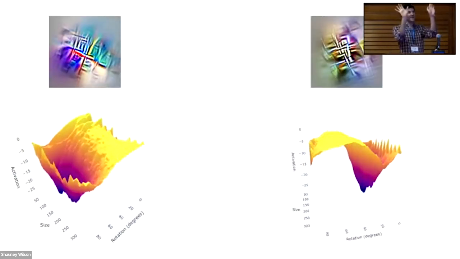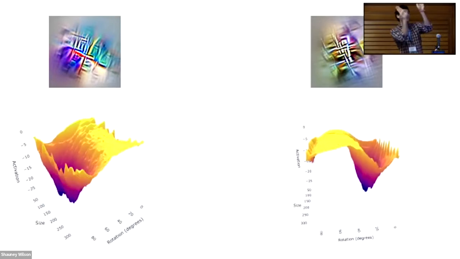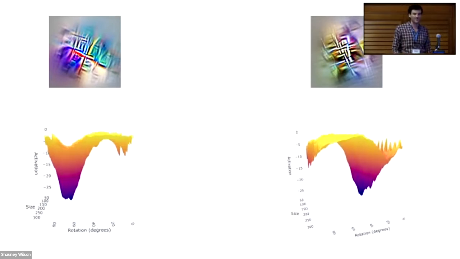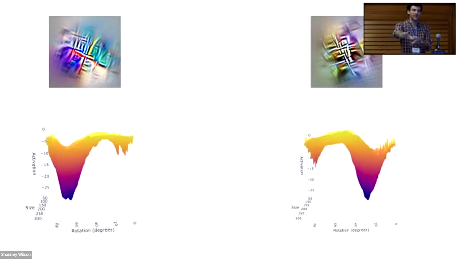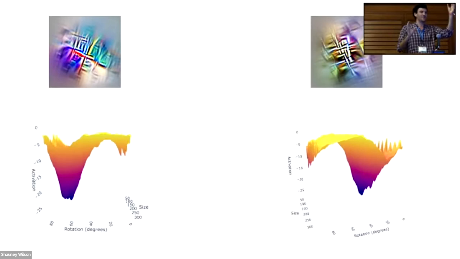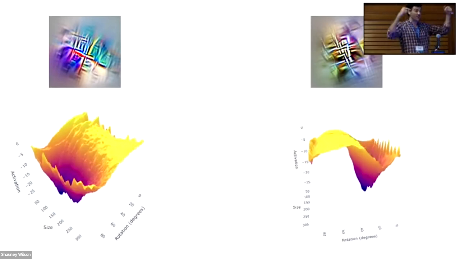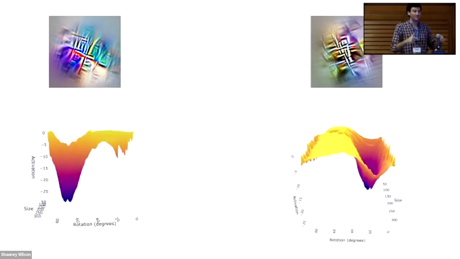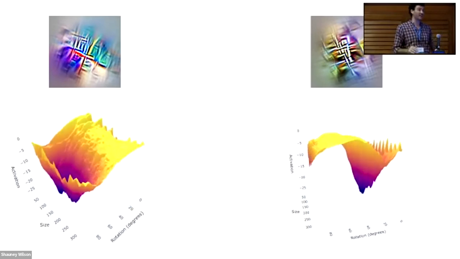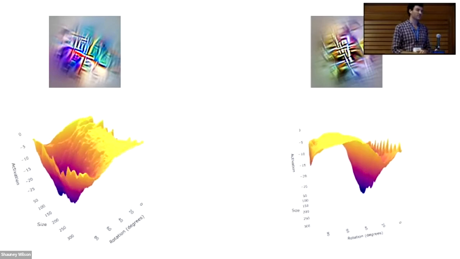So here we've extracted the subnetworks that inhibit at the two individual orientations. And then you see the activation, in two dimensions over rotation and size, that isolate the inhibition at one orientation or the inhibition at another orientation. And the feature visualizations are negative feature visualizations, images that that subnetwork really doesn't like. So you can do a bunch of stuff with this.